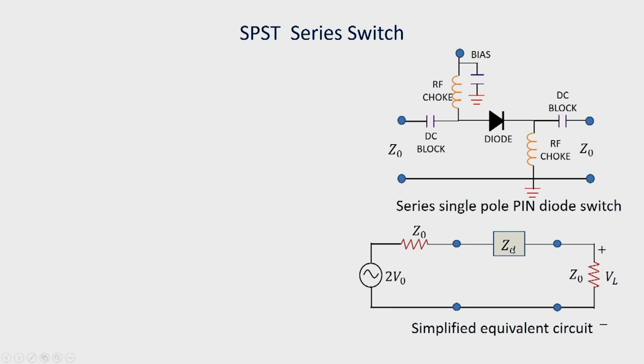Now, this is a series switch, and as we change the bias to this diode, its impedance can be changed, either it can be made high impedance or low impedance, and essentially it will act as a series switch.